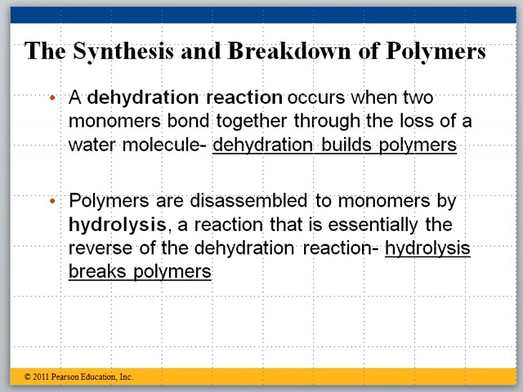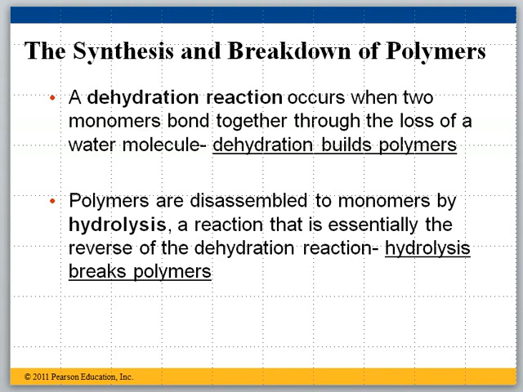Now the opposite of that is called hydrolysis, and that's when the chains are broken apart, when a link is taken off or somehow the molecule is broken down into smaller parts. We call that hydrolysis, and it's basically the complete opposite, where a water molecule is broken into the H and OH portions and added.